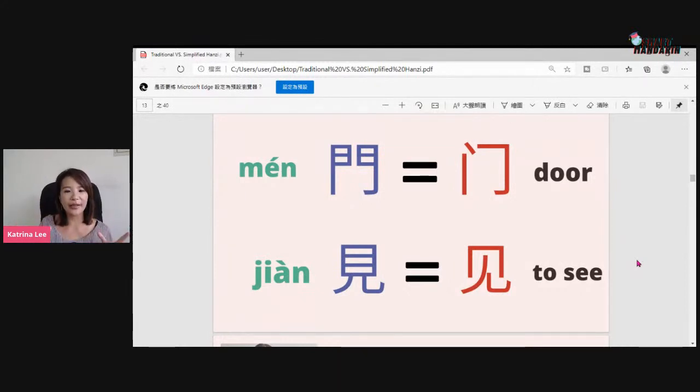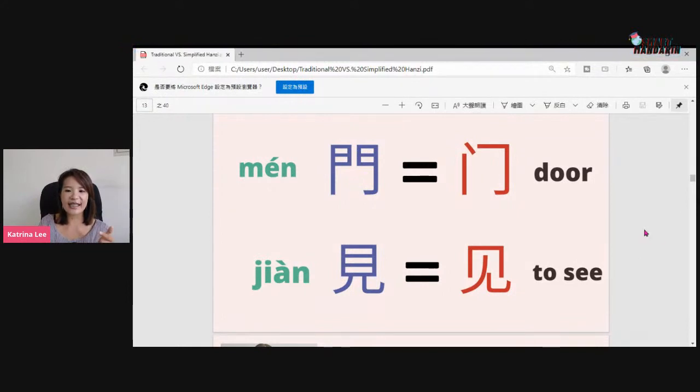Okay, number 4, simplify the basic outline shape. Next one is men. I don't think this one needs to be simplified because it's easy already, and they simplified it to another shape, and I still don't understand why. I really need another Mandarin teacher from mainland China to tell me why the traditional became this simplified, because to me, this is redundant. The original one is good already.